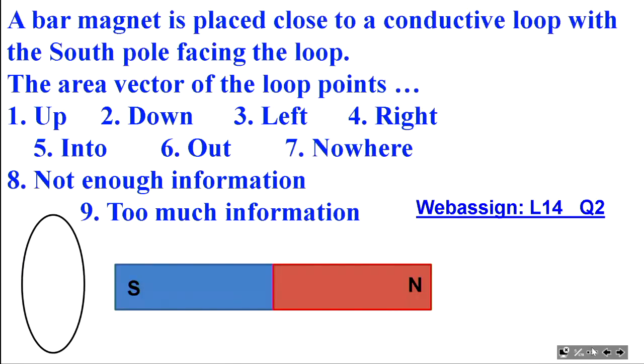Starting from a question. A very common situation. All we have in this situation is a conductive loop and a bar magnet. We need to use the definition of magnetic flux.